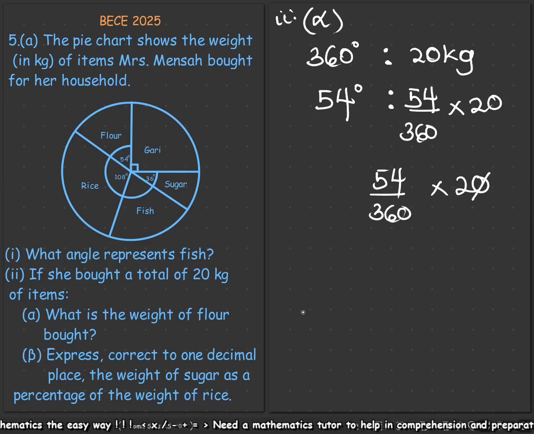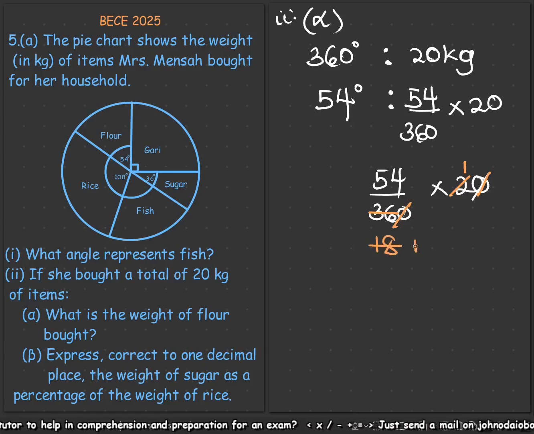Now this 0 here can cancel this 0. Then 2 divides itself once, and it divides 36 18 times. 18 divides itself once, and it divides 54 3 times.